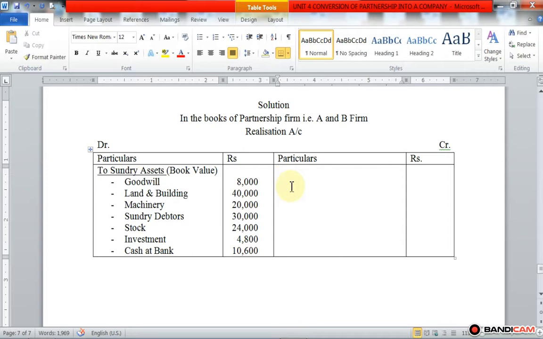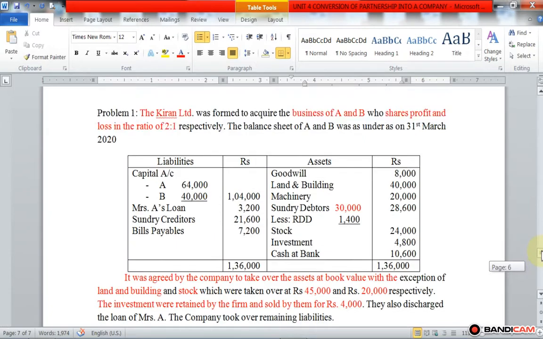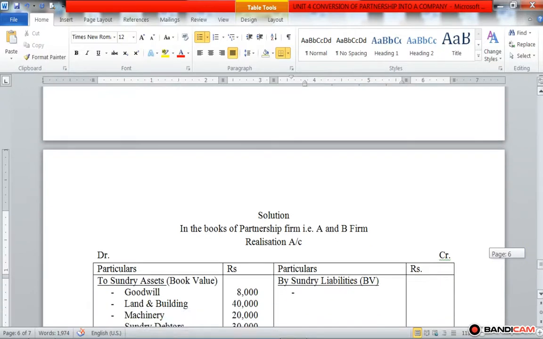We transfer all the liabilities of the partnership firm on the credit side, by sundry liabilities at book value, BV means book value. The first liability given on the liability side of the balance sheet is Mrs. A's loan. A's loan is a liability of the firm.